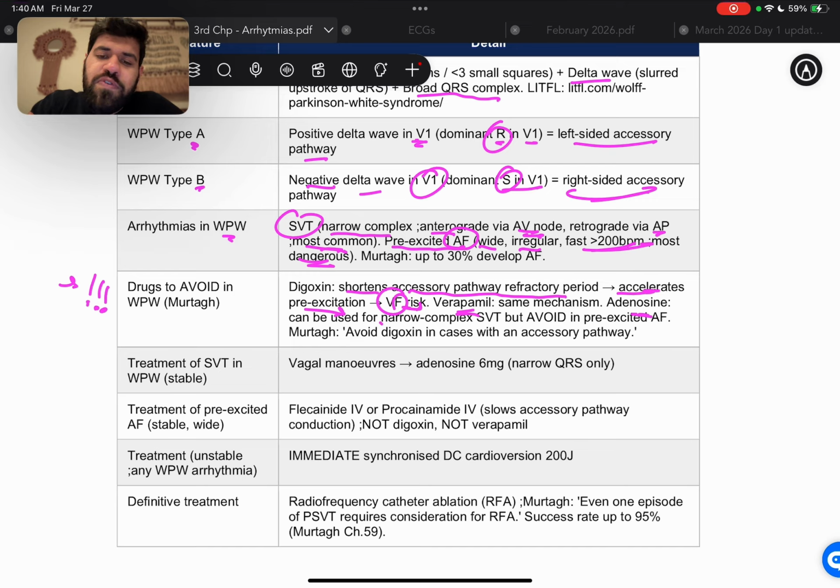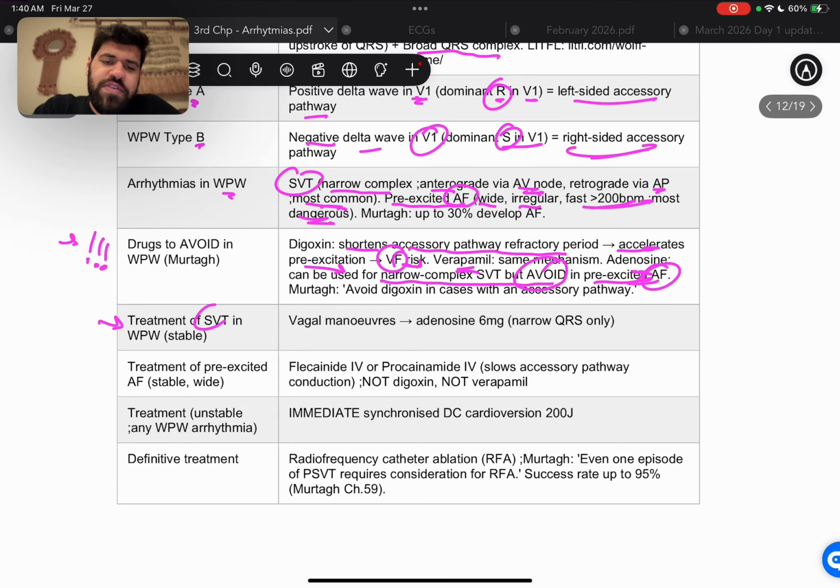Adenosine can be used for narrow complex SVT, but avoid in pre-excited AF. So we don't give it if the patient has symptoms of pre-excited AF, and we could use it in narrow complex SVT. So these are some important points that if you can memorize, you can score well on this section.